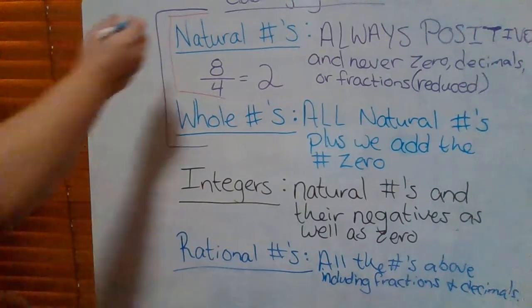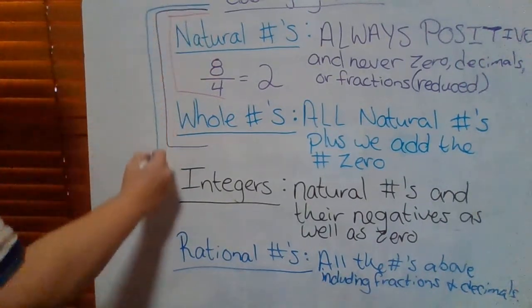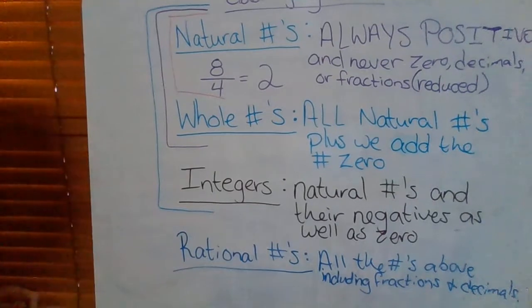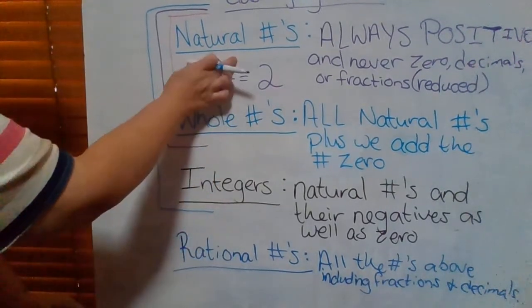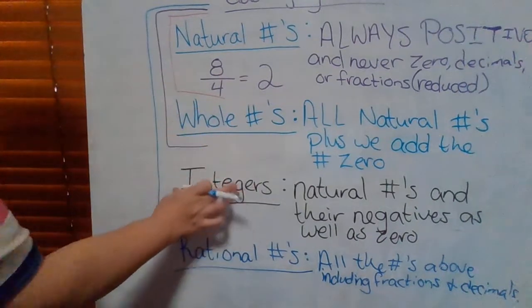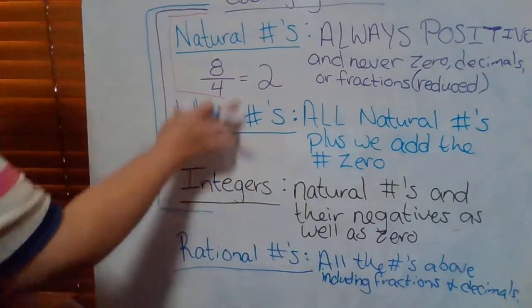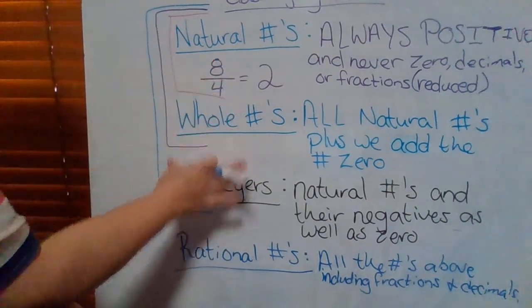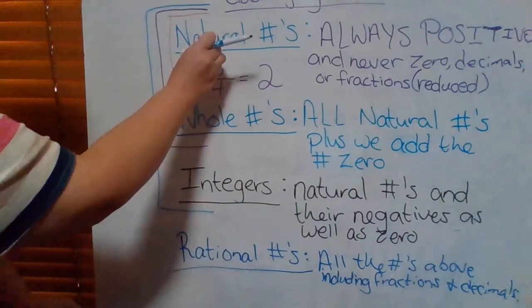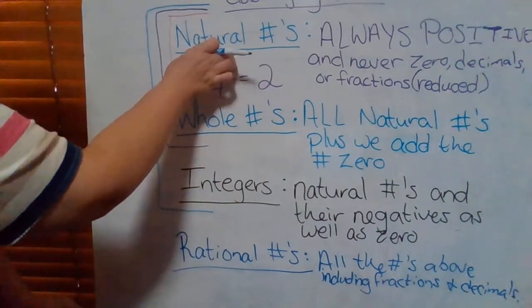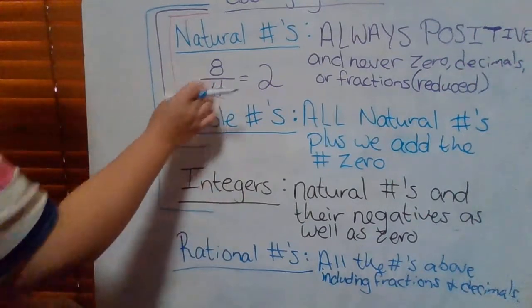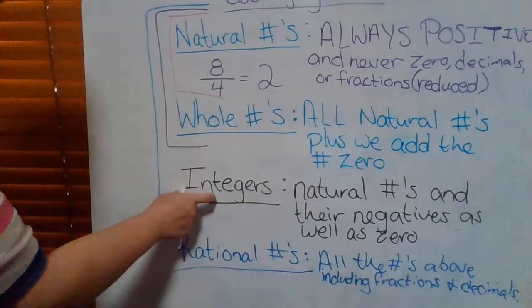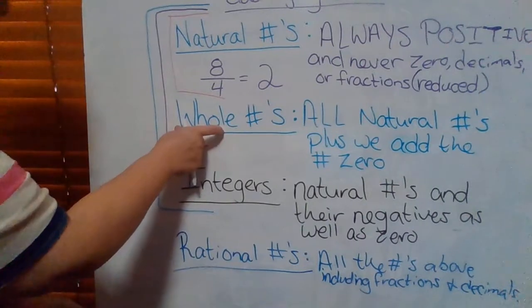Then you've got your group of integers. So now, if it's a natural number, it's a whole number, it's also an integer. Now, we can move out, we cannot move in, all right? So we can start from the inside and move out, but you can't start here and move in. So if it's an integer, that does not necessarily mean it's a whole number.